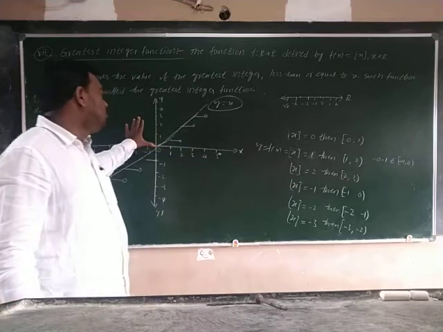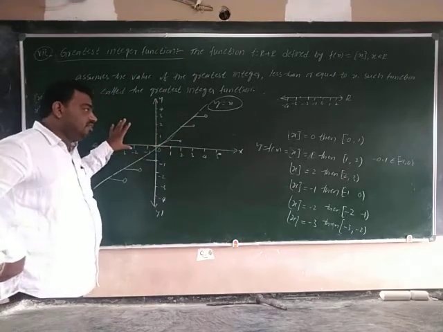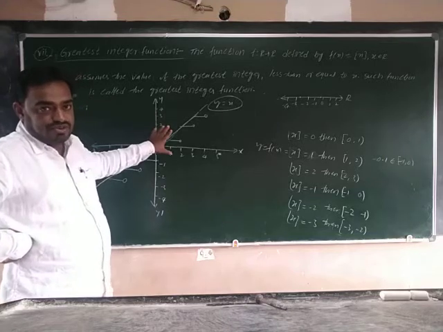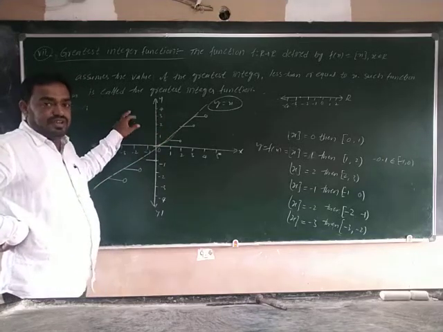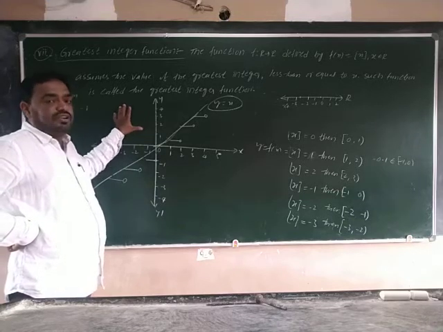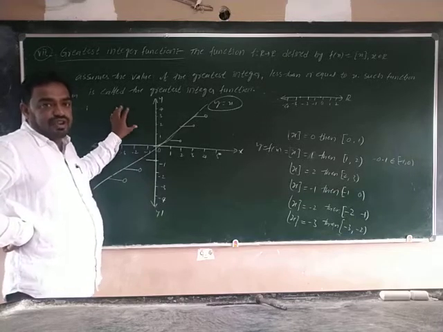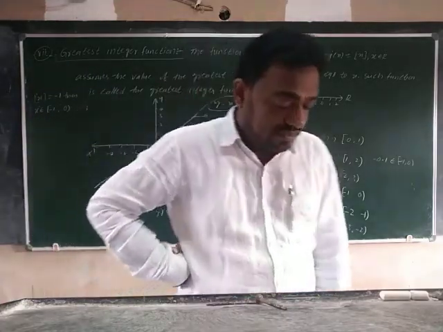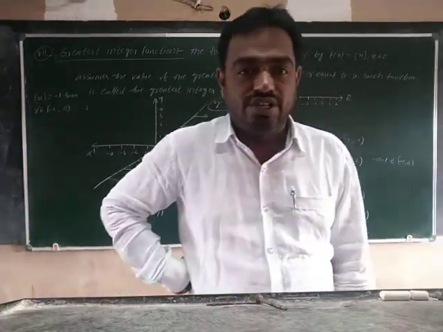Maybe you get one idea. If you didn't understand this graph, or if you have any doubts, again I will explain in offline classes. These are a little bit different and important topics. Okay, this is the greatest integer function.